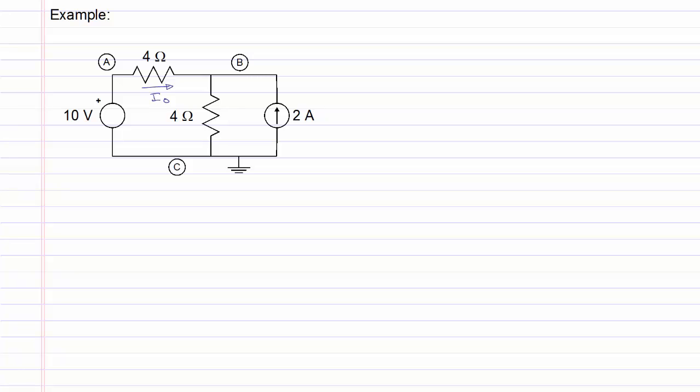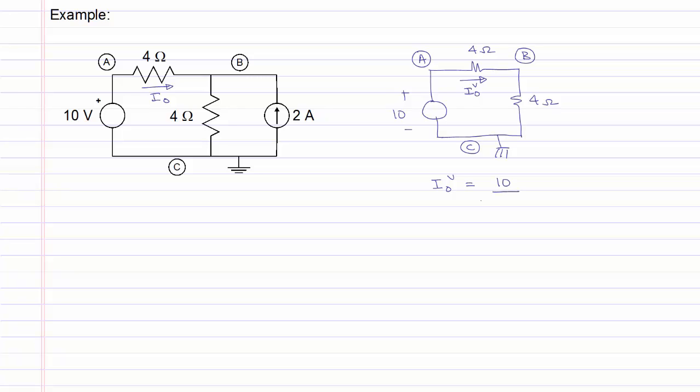Switching off a current source means replacing it with an open circuit, and the circuit that we will be left with will be as shown. We will put a superscript of V on the current I0 to indicate that it is due to the voltage source only. The analysis of this circuit is straightforward, and we can write down I0 of V will be equal to 10 volts over 4 plus 4 ohms, which will be equal to 1.25 amperes.